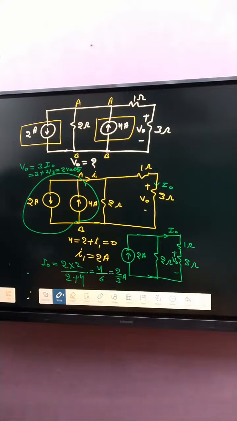No, 2 by 3, only 2 by 3. That is 2 volt. V naught is 2 volt.